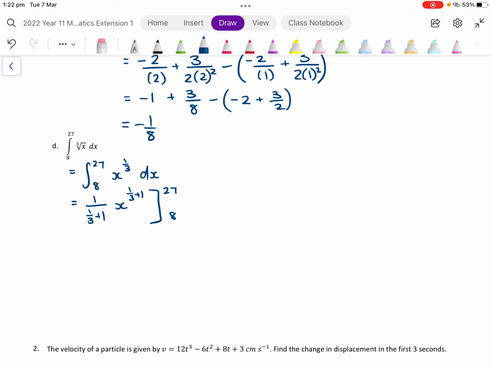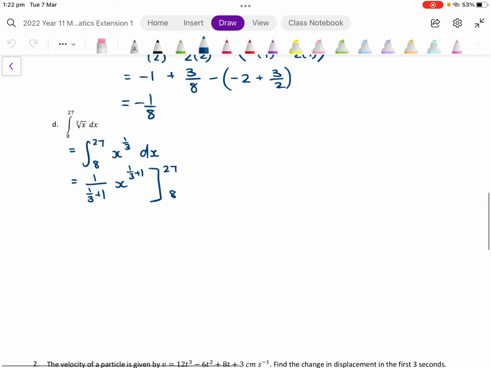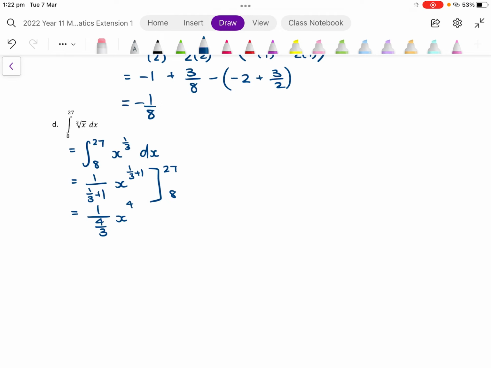Then what we need to do is we'll have 1 over 4 over 3, x to the power of 4 over 3, substitute in our 27 over 8. Now, when we have 1 over 4 over 3, what this is equivalent to is 3 over 4.